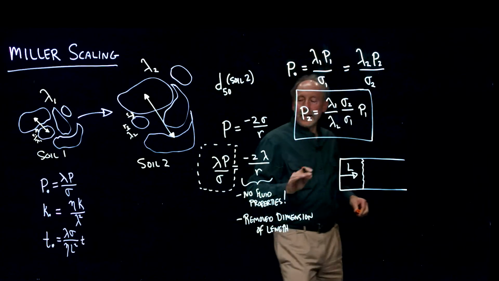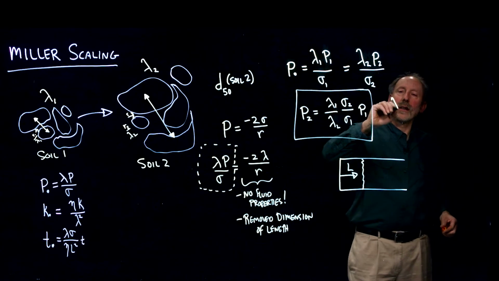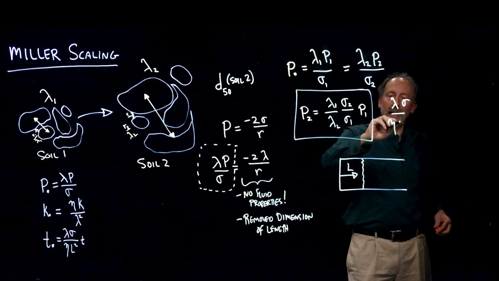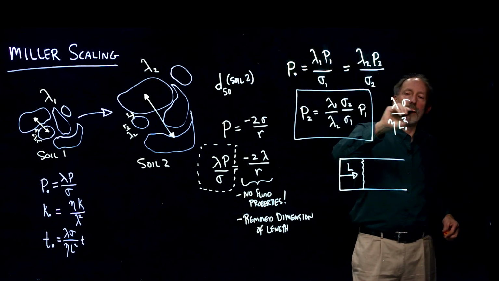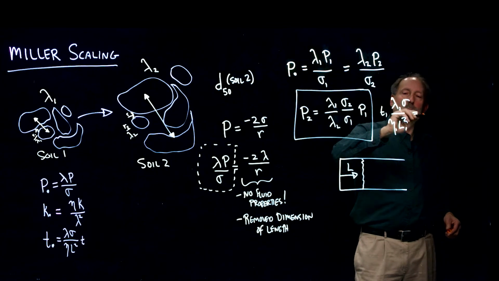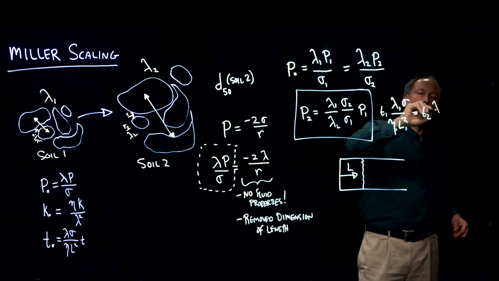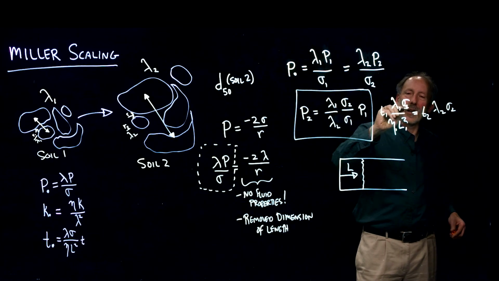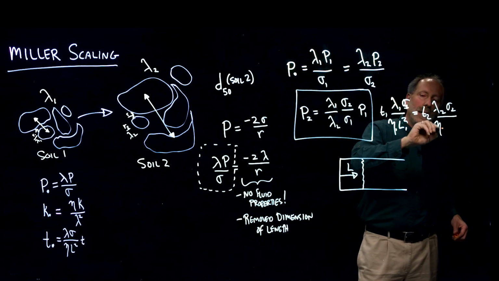Because we would say that just like before, lambda 1 sigma 1 over eta 1 L1 squared, so we'll call these 1, times T1 equals T2 times lambda 2 sigma 2 over eta 2 L2 squared.